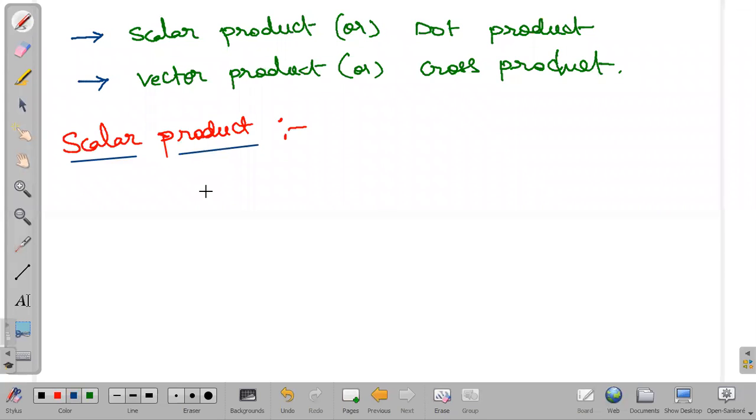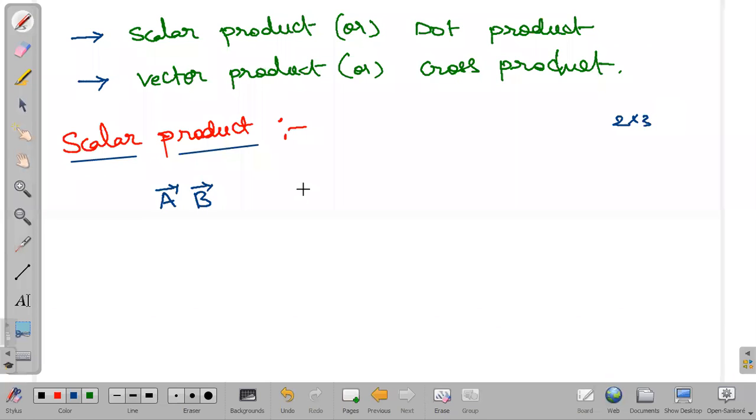Right? Now, suppose we have two vectors, a bar and b bar. We want to multiply them. Generally, when we are writing 2 into 3, this we call algebraic multiplication. Okay? So, normal multiplication.